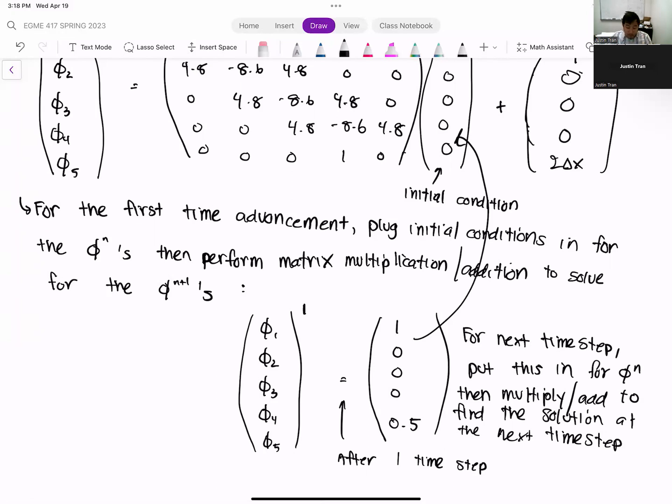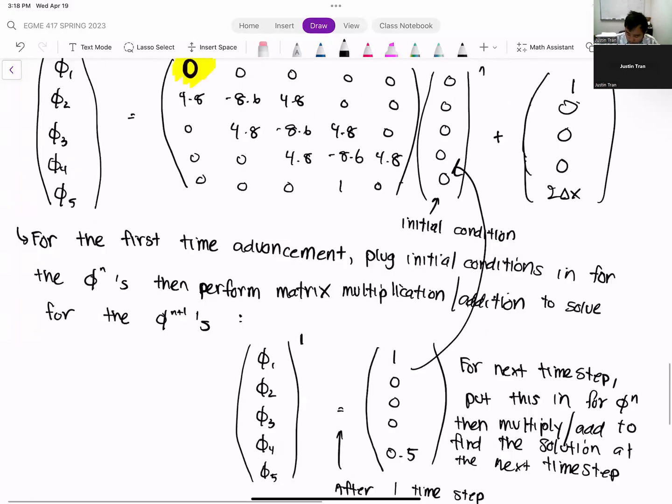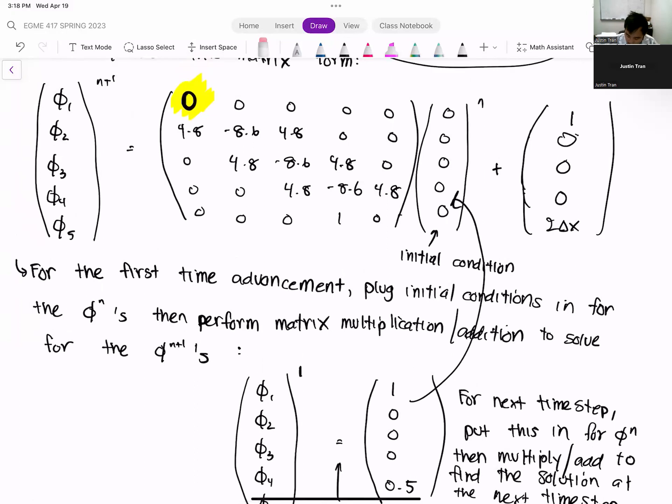For step 2, we come back up to this equation right here. This would be a 1 and a 0.5, because that was what we found from the last time step.